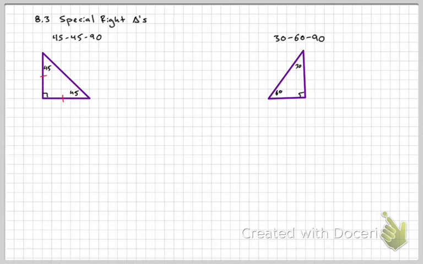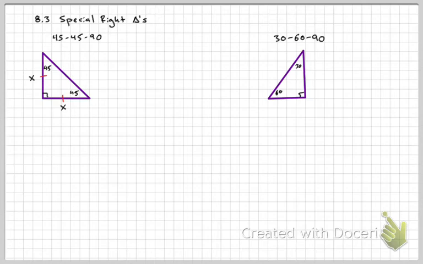So for the 45, 45, 90, we know both legs are going to be the same. So we're going to put that in terms of x. I know this leg is going to be x, and this leg is going to be x. That's just showing that those two legs are the exact same length. Now, if we were to do Pythagorean theorem here, like x squared plus x squared equals unknown squared, we're not going to go through that whole process.